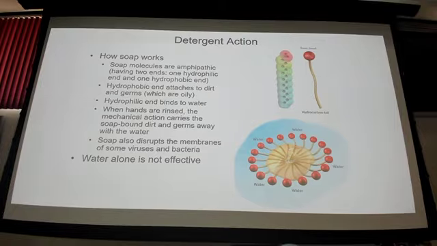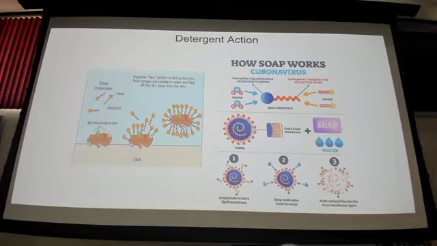I included all three slides on soap in this review deck because soap is so important, right? It's important that you know what it does. So the structure of soap, this amphipathic molecule, how it works when it is just removing any old dirt from the surface, which includes bacteria, right?